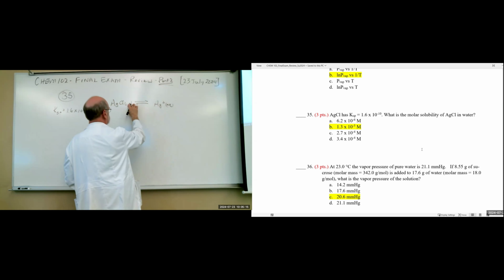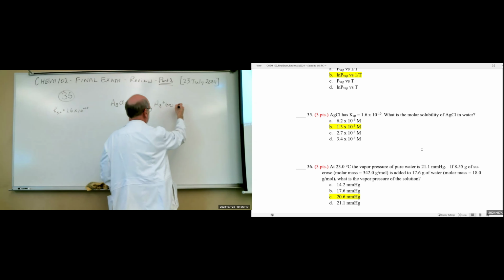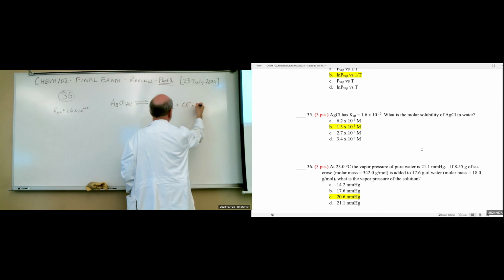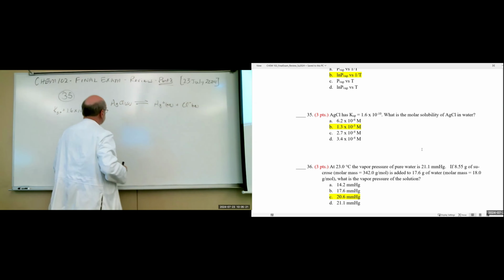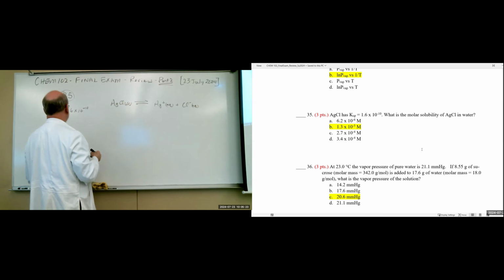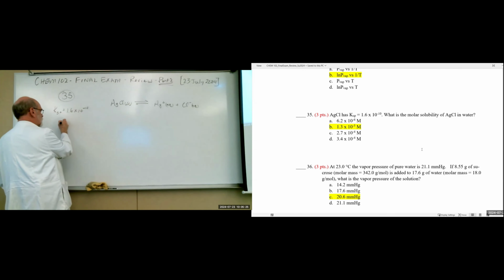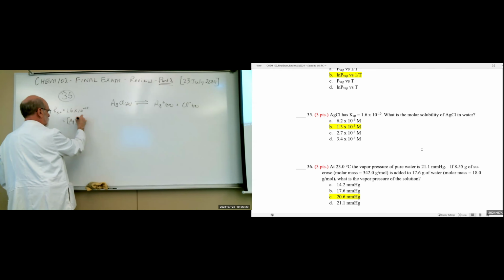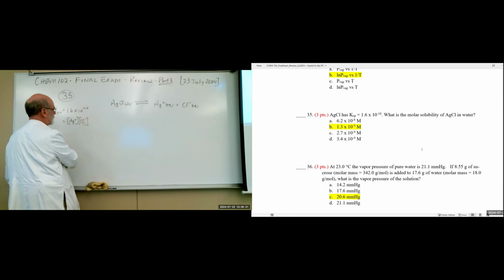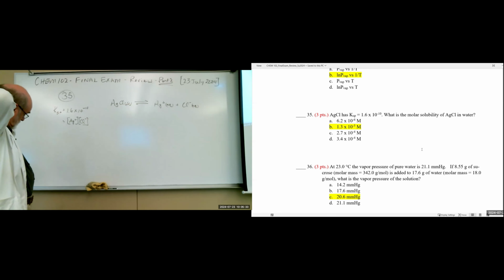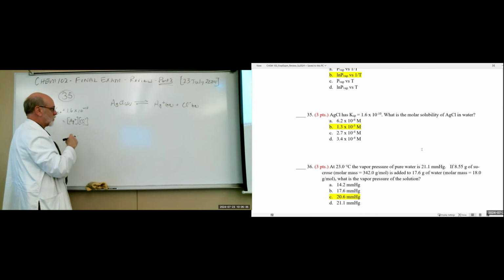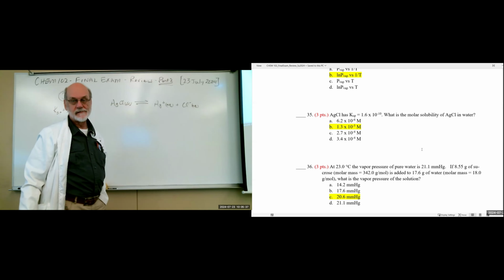This is going to be a solid. Solid. Plus chloride ions. Right? So what is this equal to? This is equal to silver times chloride. Like that.